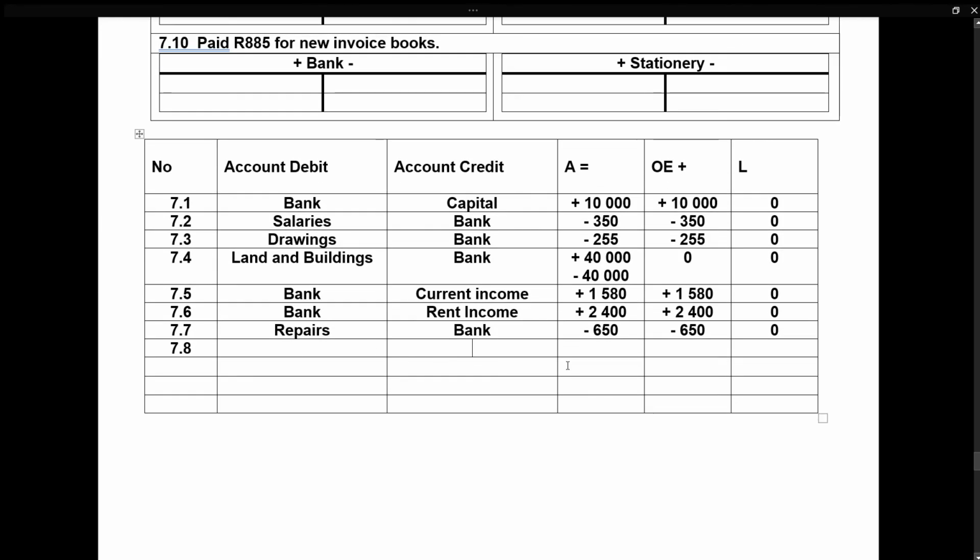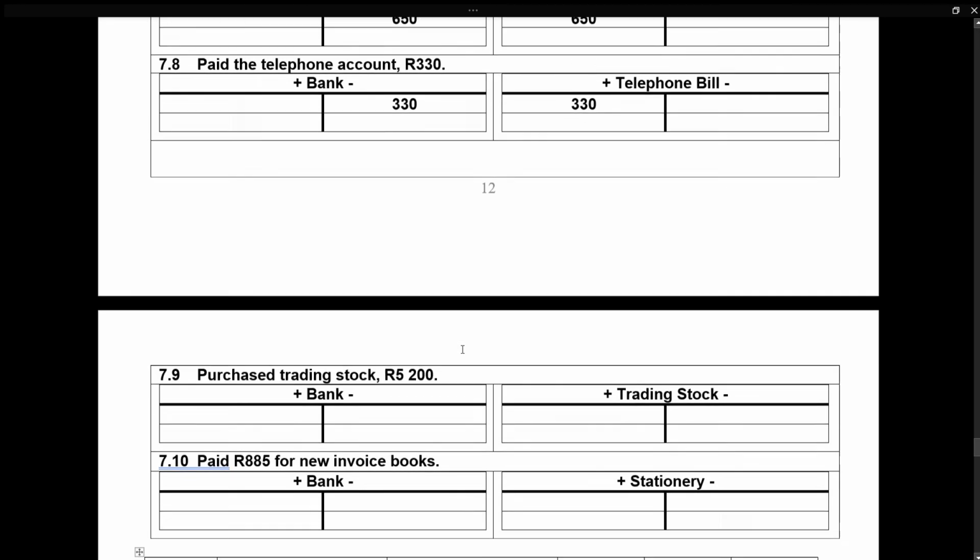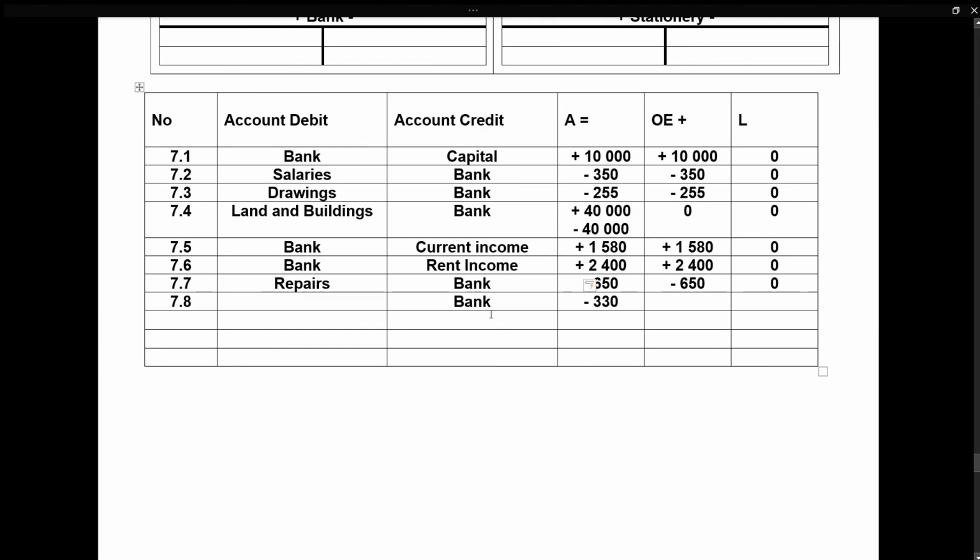So we are paying money, therefore bank will be credited. The amount I'm paying is 330. Let me just double check. Right, so bank is an asset, credit side will have a negative influence on assets.